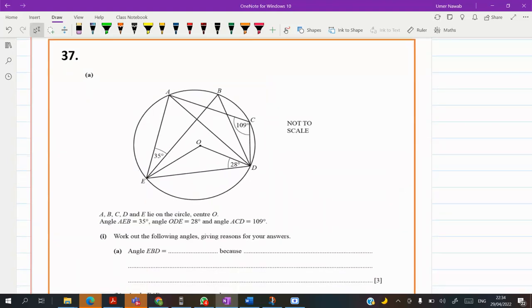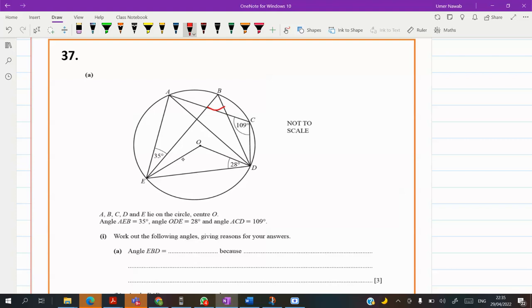Question number 37, EBD. Excuse me, guys. So EBD, this angle is to be found. So which thing I can use? EBD. Which property, guys, can be used here?